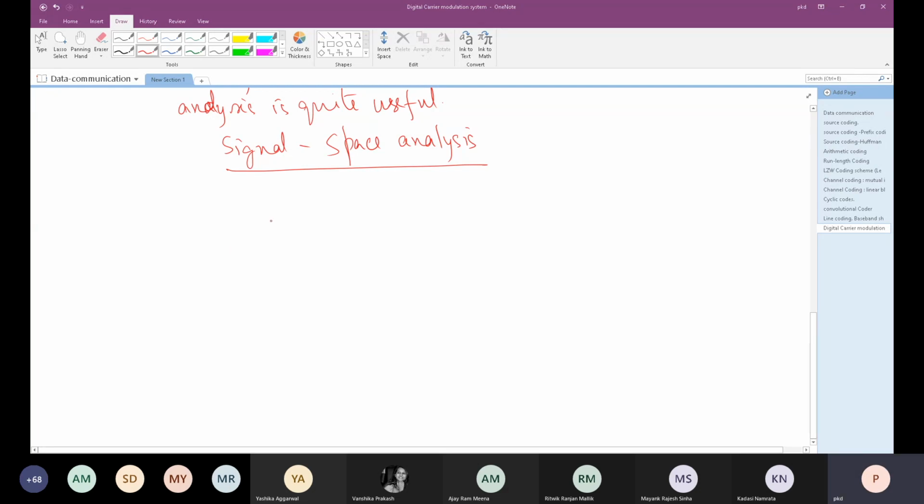In any signal decomposition, we have seen that if the base signals are orthogonal in nature, then the representation becomes unique. If they are not orthogonal, we cannot uniquely define the signals.